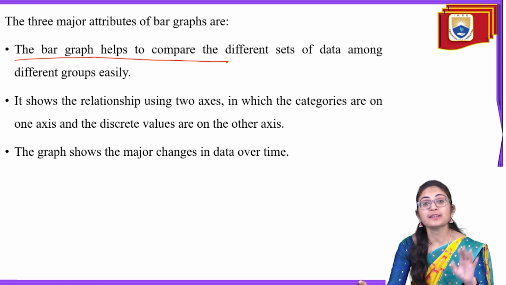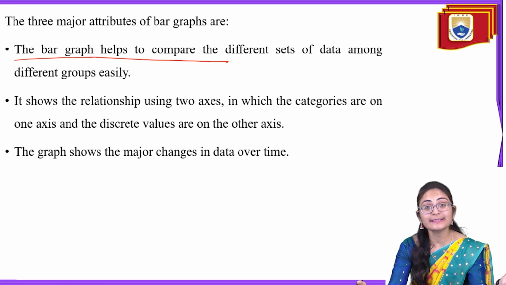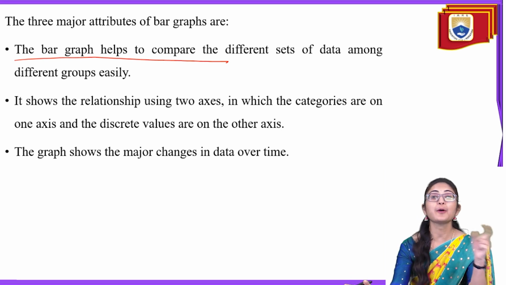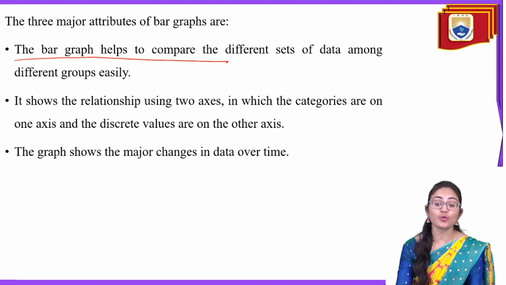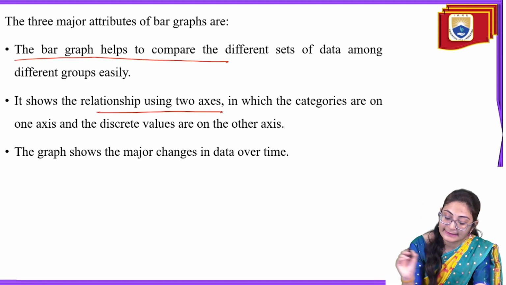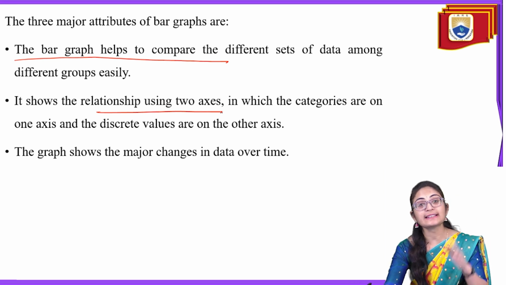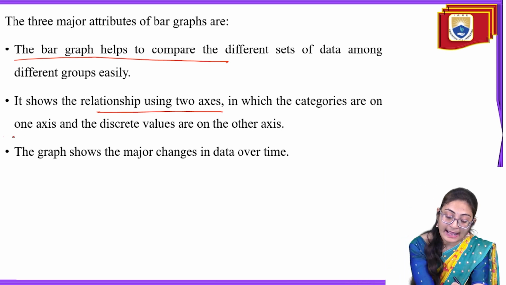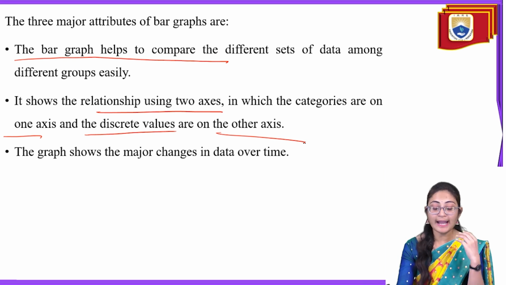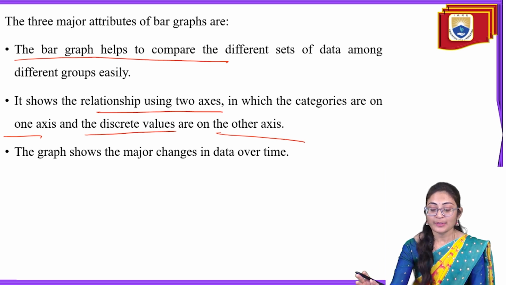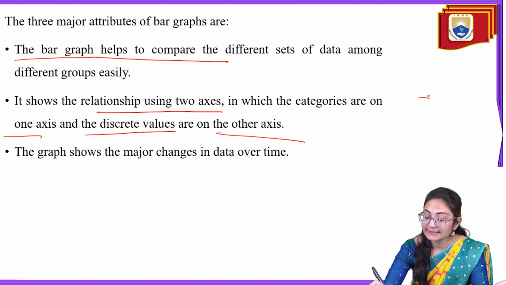It shows the relationship using two axes, in which the categories are on one axis and the discrete values on the other axis. Everyone knows that graphs have only two axes, the x-axis and the y-axis.